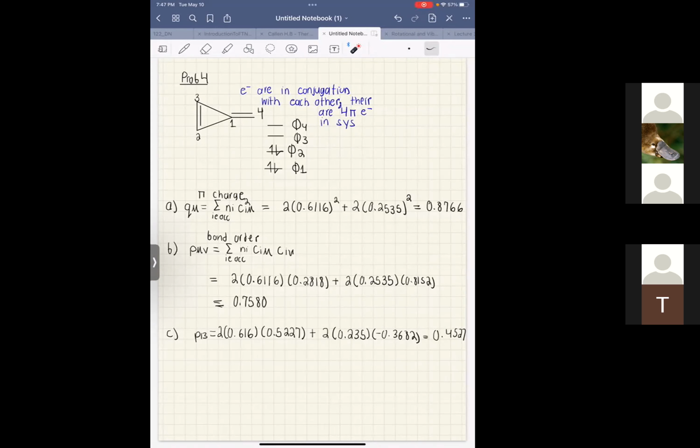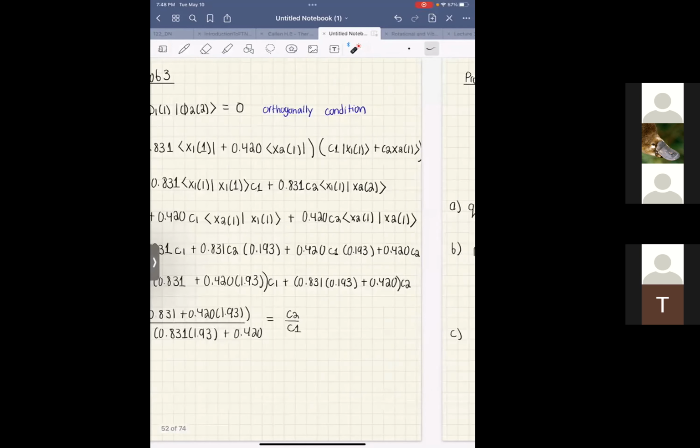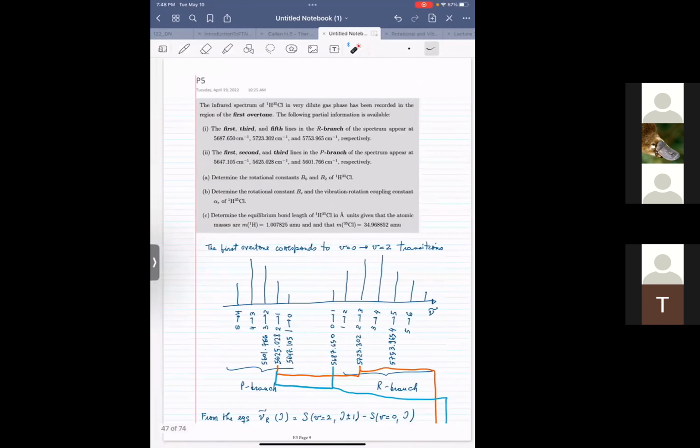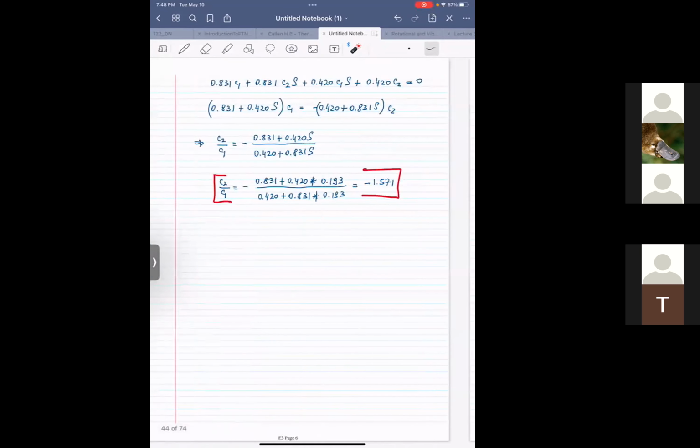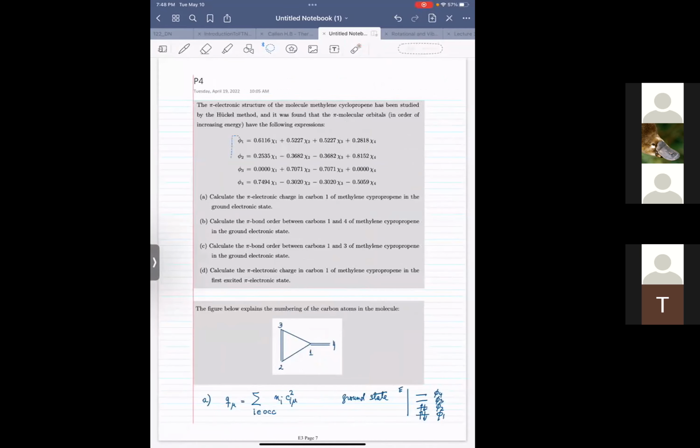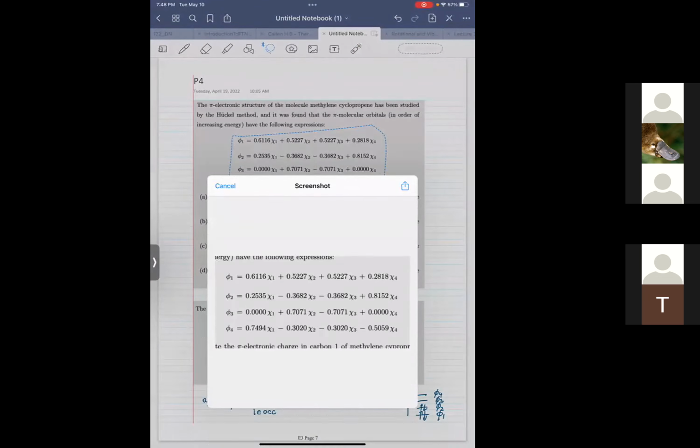I should also start with that you have 4 electrons in conjugation with each other, because it's 1, 2, 3, 4. So then you fill in each orbital, and it has 2 electrons per orbital. So it's 1, 2, and then you're going to have 2 of these contribute. So I should take a screenshot of this. This will help.